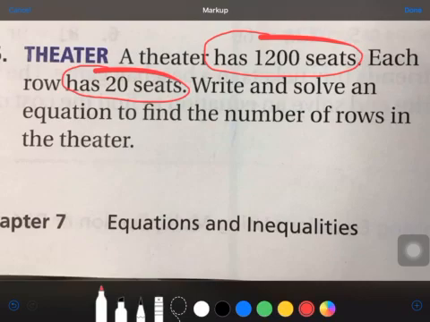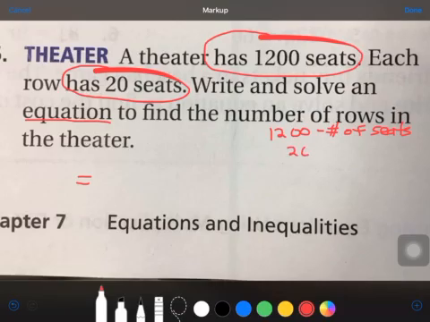So what I do know is that I need an equation. And I know that if I have an equation, that means there's going to be an equal sign. So if a theater has 1,200 seats, so 1,200 is the number of seats, okay? And each row has 20 seats.